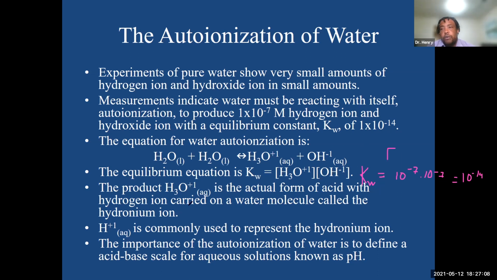So when water is at equilibrium, which it pretty much is instantly, 10 to the minus 14 is our equilibrium constant, and the concentration of each one is going to be 1 times 10 to the minus 7. Simple.